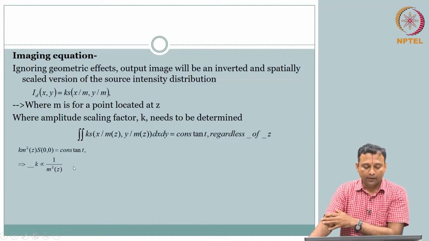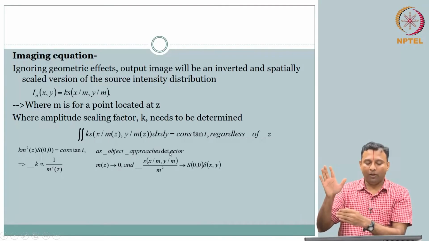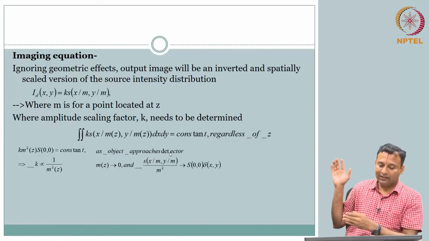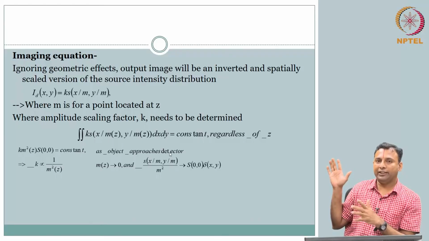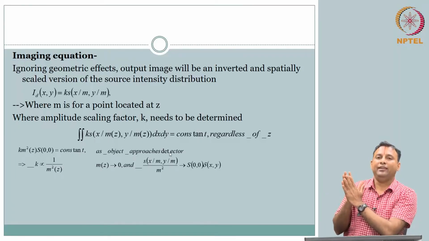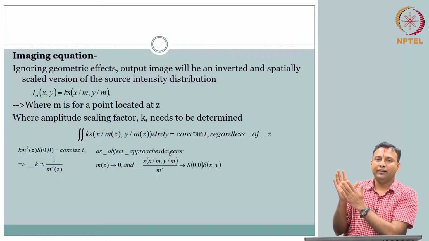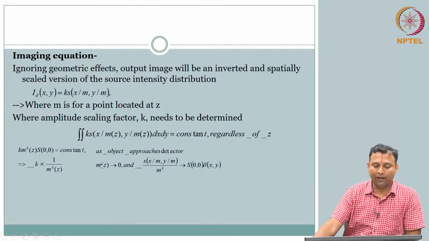Okay. Of course, in the best case, if your object approaches the detector, what is going to happen? If I am on the detector, I do not have any magnification.